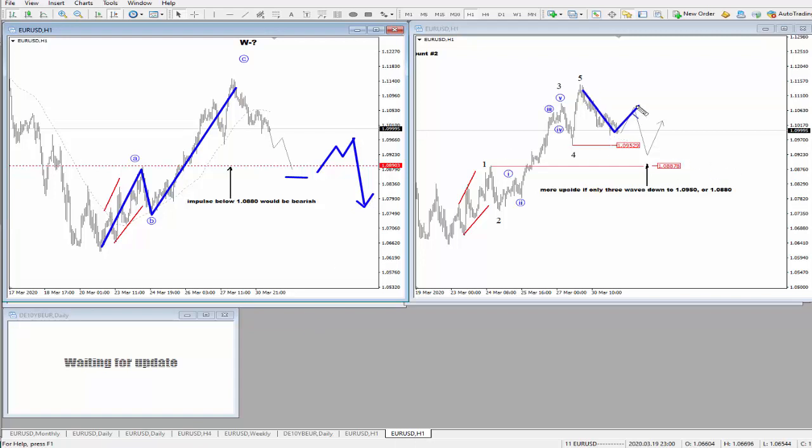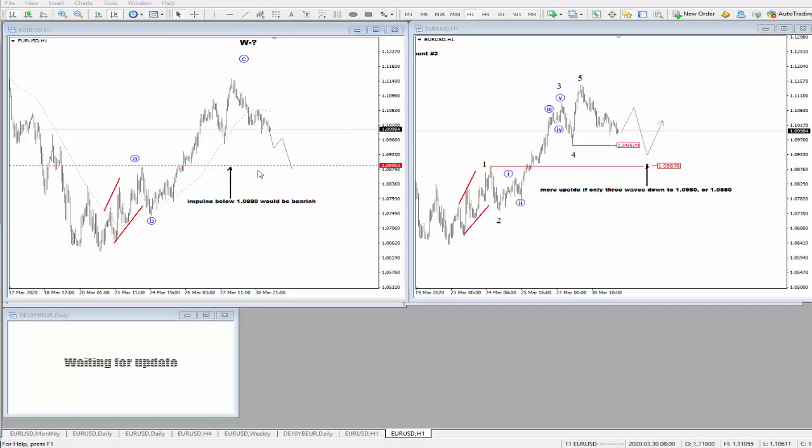If you see only a 3-wave drop or slow and choppy price action, maybe you still get a retest of the zone down there, but the key is how this pullback will unfold. If it is slow, choppy, overlapping, then you will know it's corrective, and in such a case you could expect more upside. So again, still a game of patience. I mean, nothing really clear here, if you ask me.